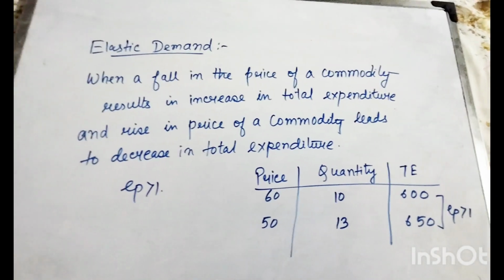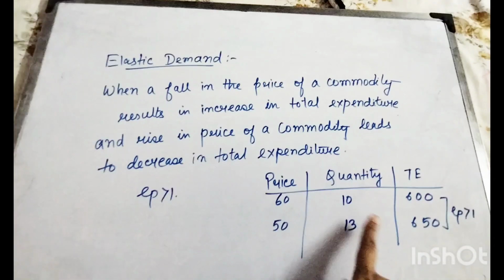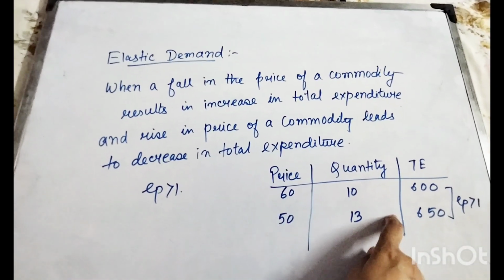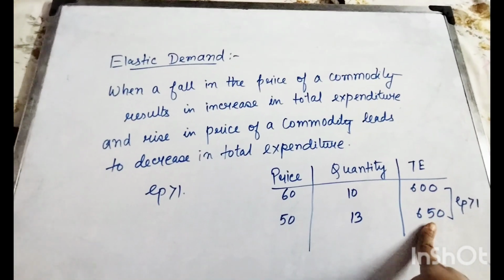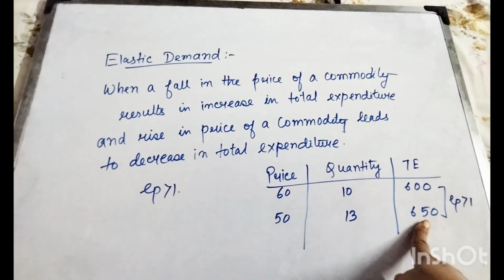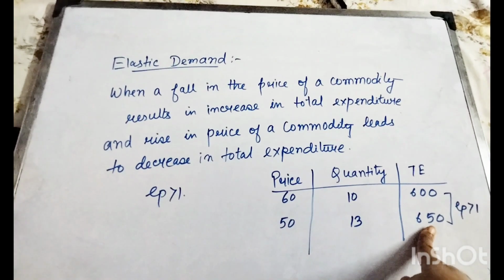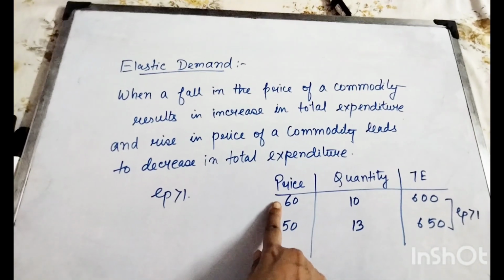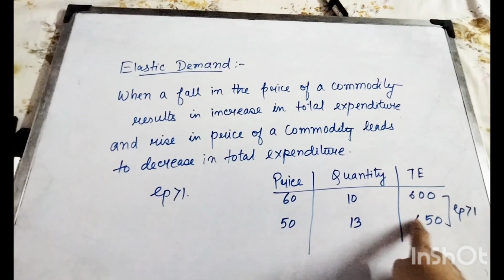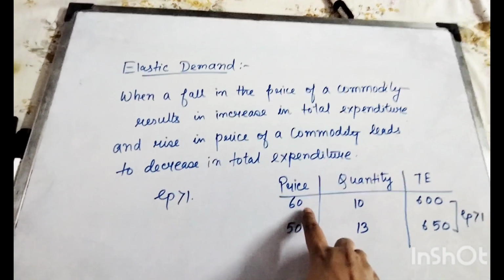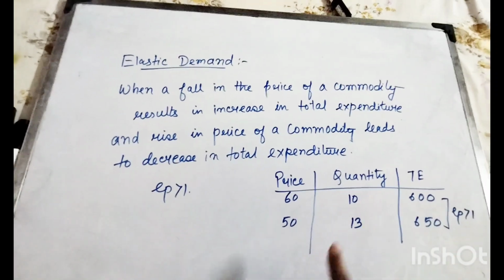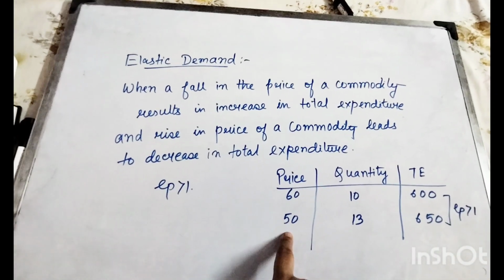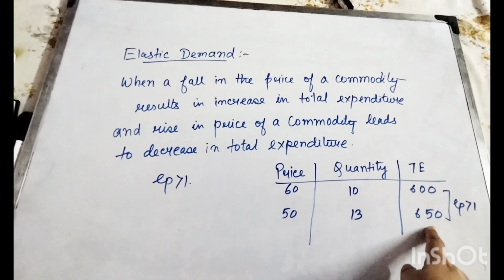P into Q. As your price falls, your total expenditure also increases, and with the rise in the price of a commodity, your total expenditure decreases. When the price is 60, your total expenditure will be 600. Now when the price is reduced to 50, total expenditure increases to 650.